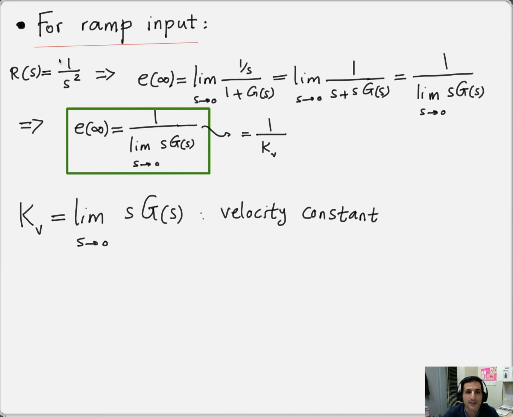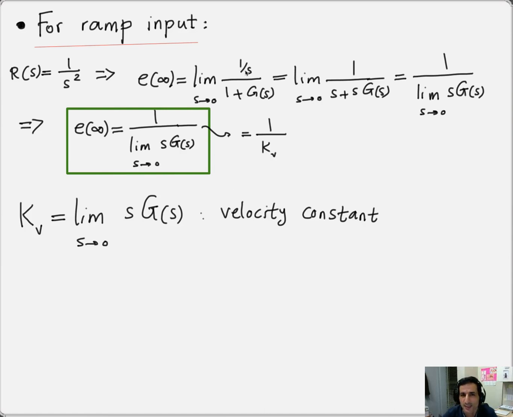So now let's talk about ramp input. For a ramp input, the Laplace transform is 1 over s squared. If you plug it back into that equation, the steady state error would be the limit of s multiplied by R of s, so you get 1 over s divided by 1 plus G of s.